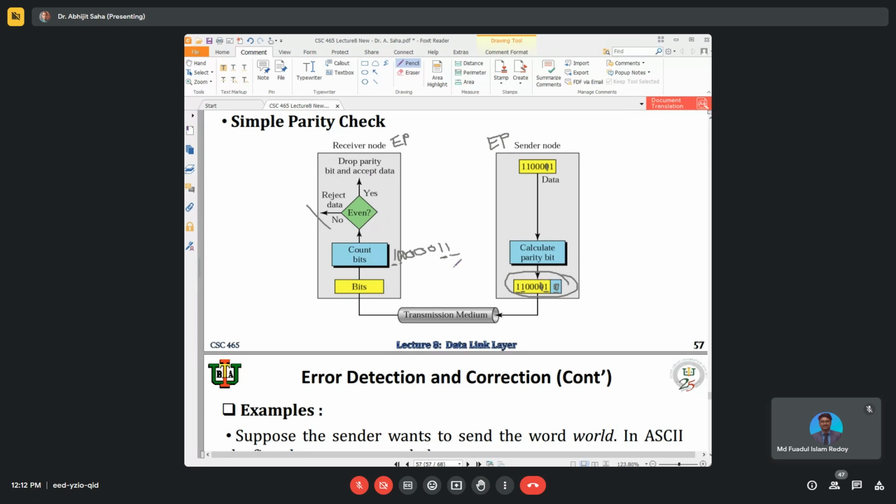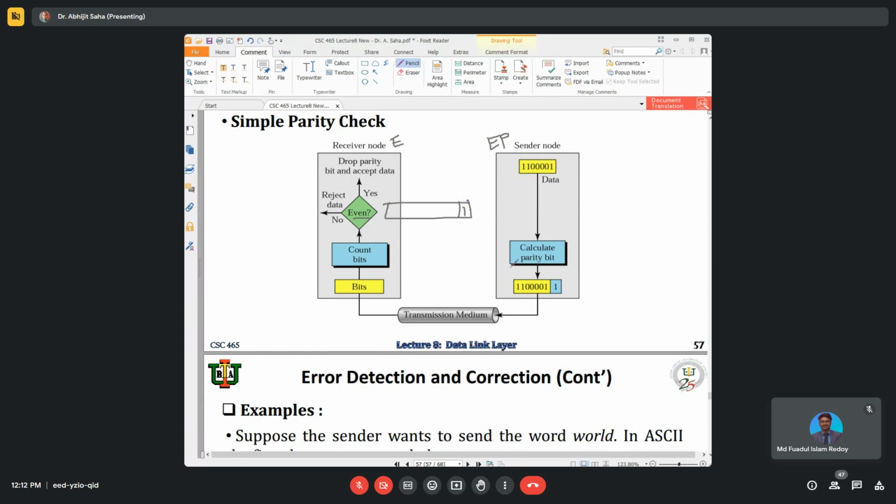Yes, this is it. When you are getting zero, that is a good thing. When I have added the one here, I make it even parity. So it checks whether the number of ones is actually even or not. If it is, then that parity bit should be removed, right?